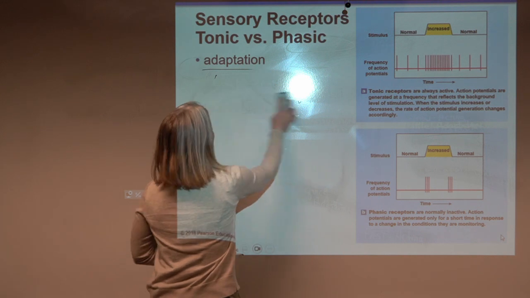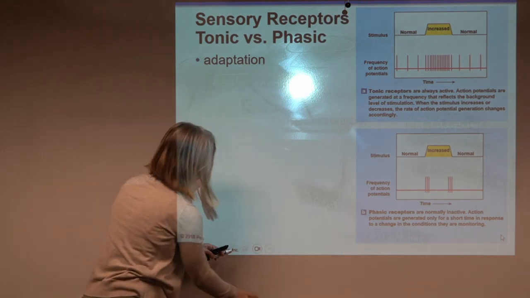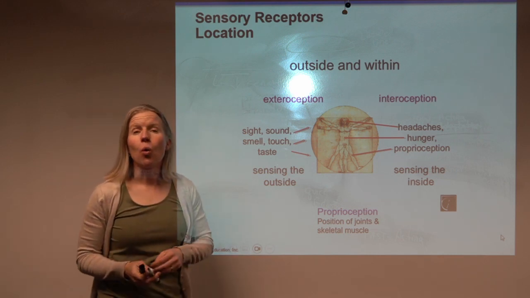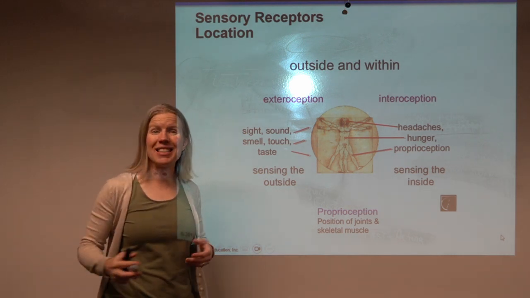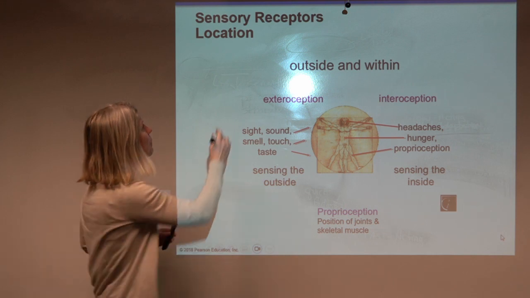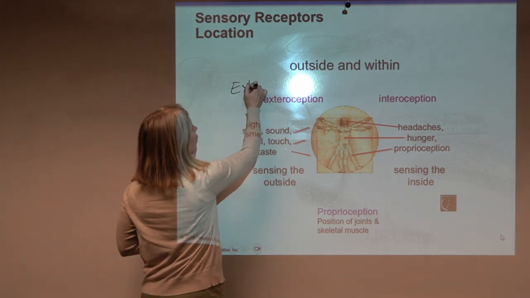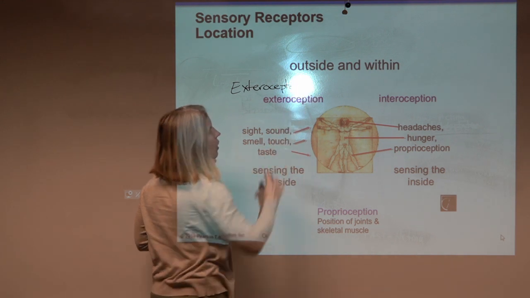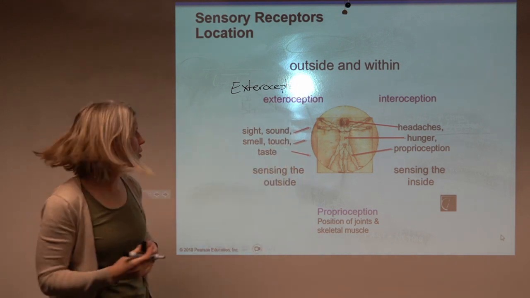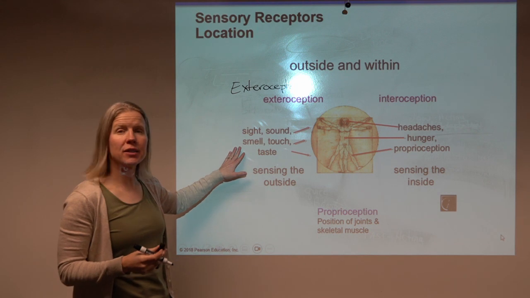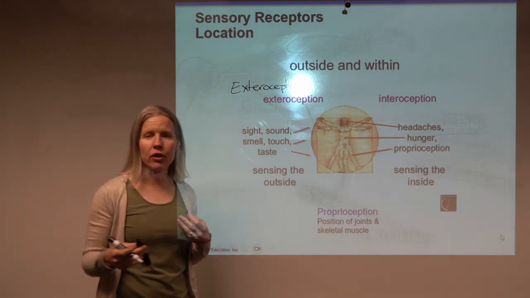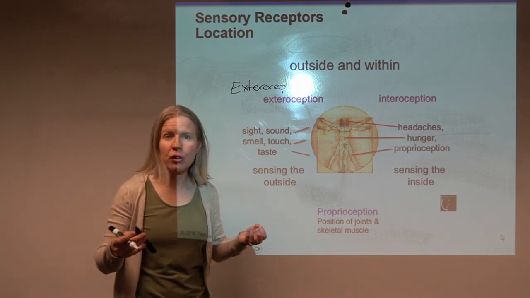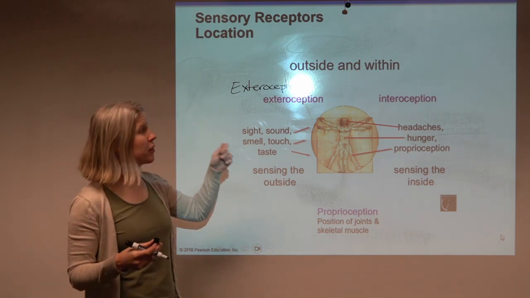All right, so we had simple receptors, we had complex receptors, we have tonic and phasic receptors. We can categorize receptors based on their location in the body. So we have exteroceptors that are picking up on the outside world, right? So some of our special senses, but also a lot of our sense of taste, touch, pressure, those sorts of things, right?